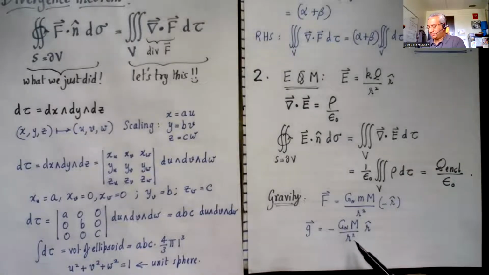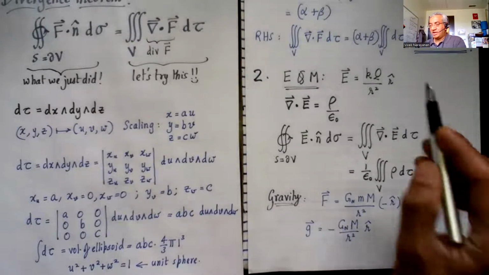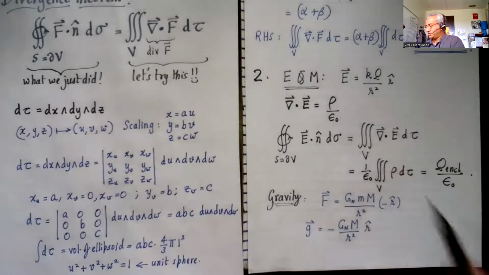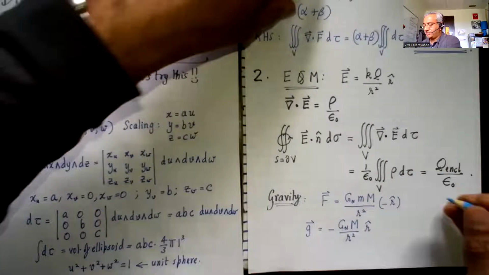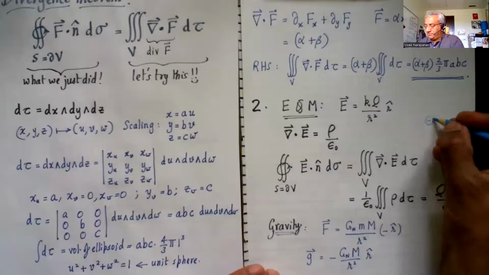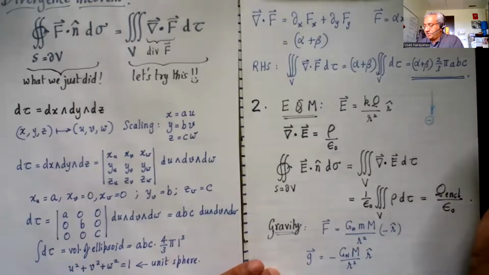Now observe the similarity between the gravitational field of a regular mass and the electric field of a negative charge. A negative charge will have the same electric field as a gravitational field.